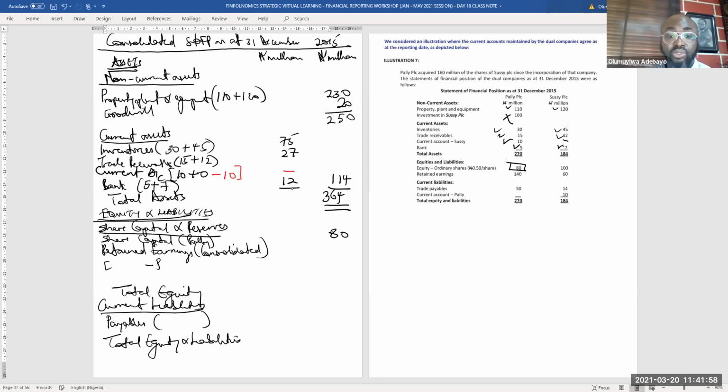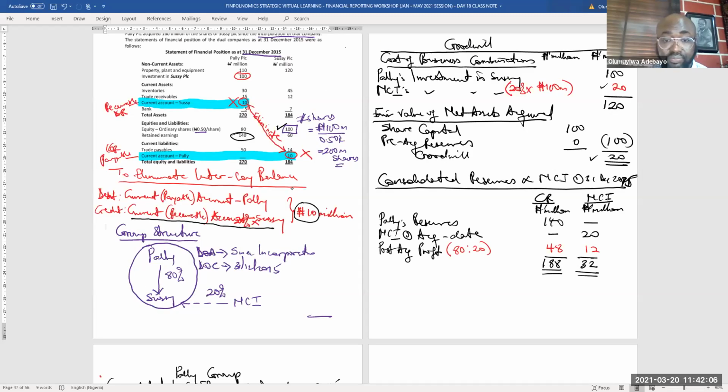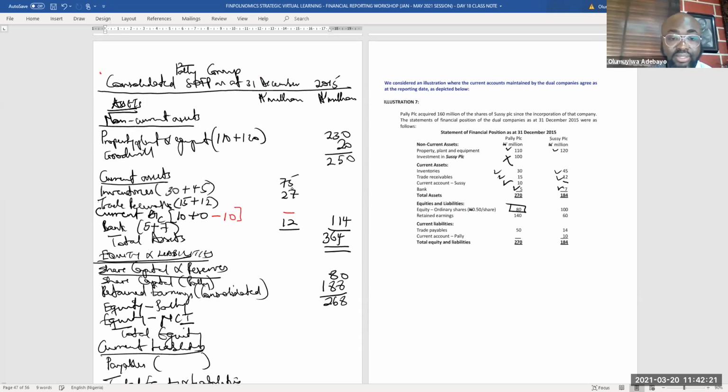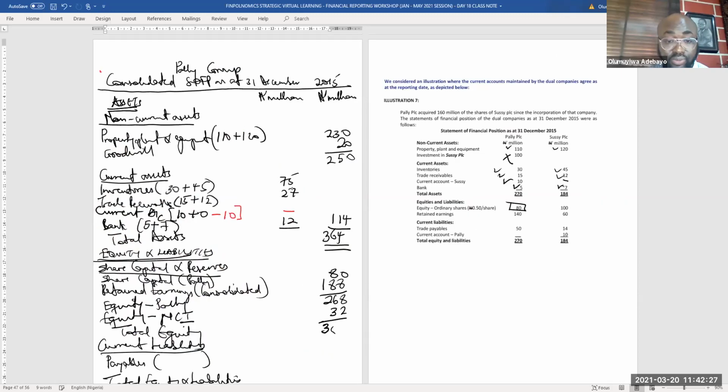Consolidated retained earnings, 188. That is equity attributable to Pali. Equity attributable to NCI. What is NCI? 32. That gives us total equity of 300.